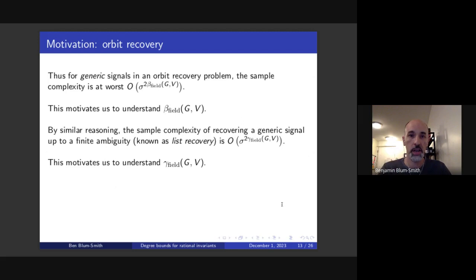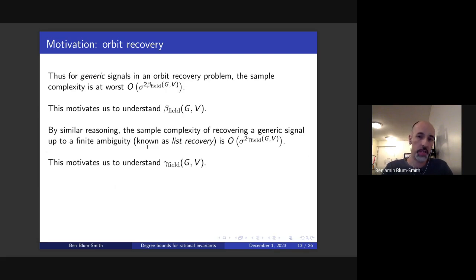So that tells us that the beta field, which we defined above, is the thing in the exponent for generic signals in an orbit recovery problem. So this motivates an understanding of that thing, because if it's much lower than beta sep, then we're getting tremendous computational savings from working with generic signals instead of worst case signals.